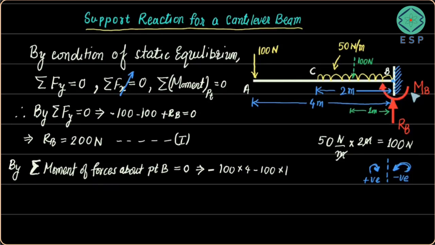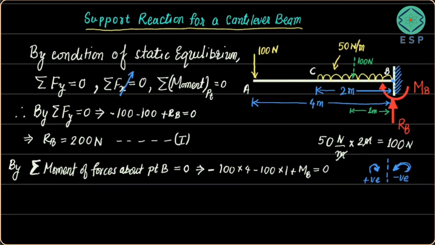Always the reaction will be trying to prevent the rotation of the beam. So in order to prevent the rotation of the beam, your reaction moment has to be in the clockwise sense, because this beam has natural tendency to rotate in the anti-clockwise direction. Okay. So this has to be understood at this particular level. So this is going to be clockwise. So I am going to write plus MB, and that is going to be 0.